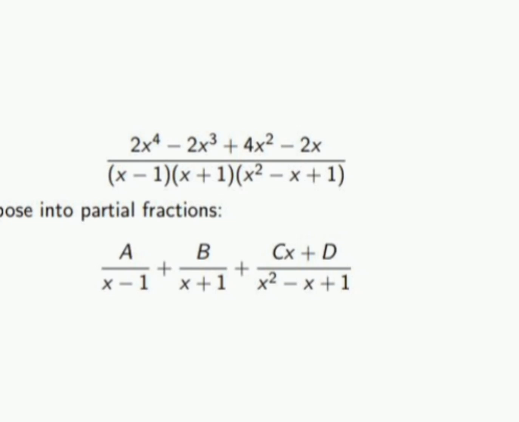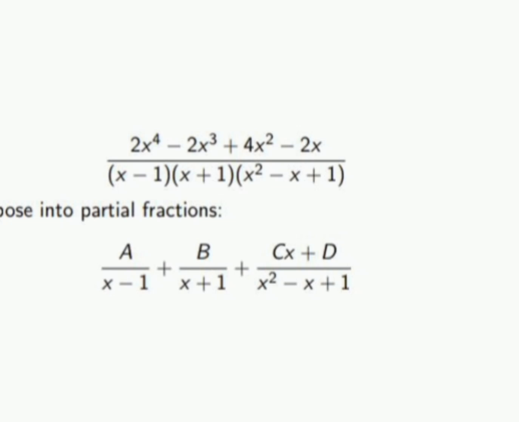The linear terms will have constant numerators, so we have A over x minus 1 and B over x plus 1, while the quadratic term, regardless of the polynomial, should always be represented with a linear function like Cx plus D. Those alphabets A, B, C, D are not constant values.